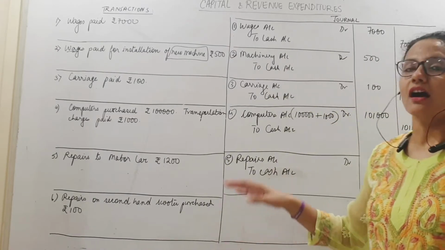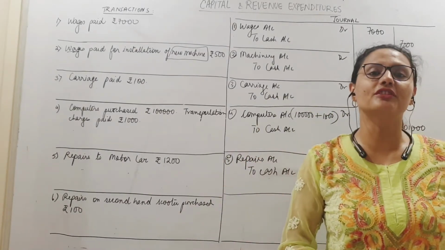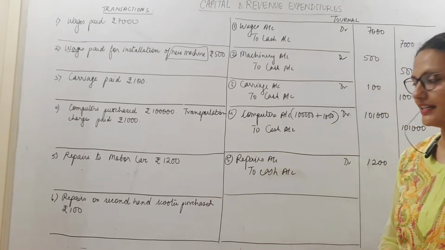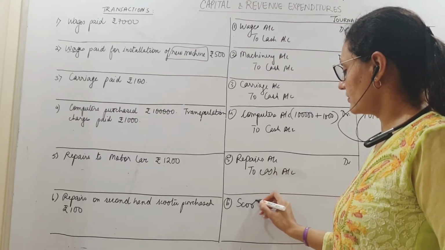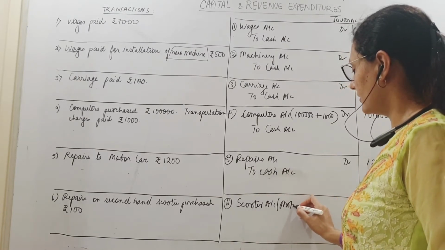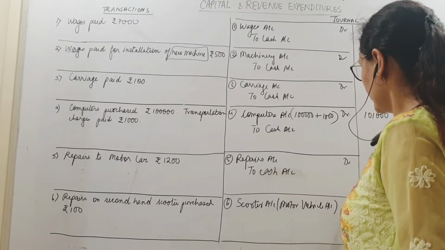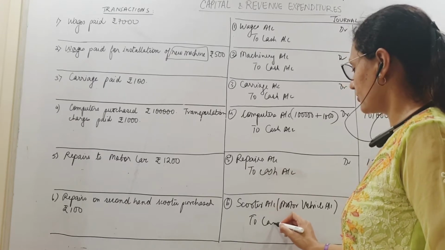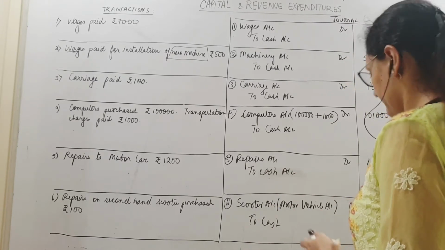Therefore, it is a capital expenditure and should be added to the cost of the scooter. Alright, so here we are doing the scooter account, or you can also term it as the motor vehicle account. Okay, both are fine. To cash. So it is 100 rupees paid.